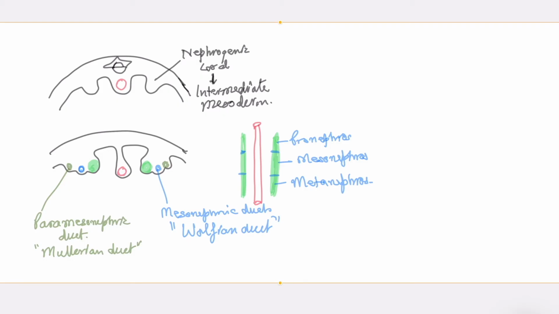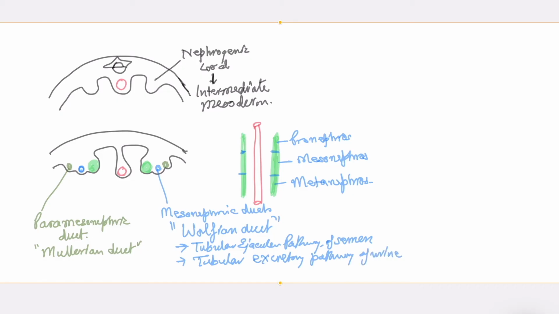As a general point, let me tell you that the mesonephric duct is going to develop into the tubular ejaculatory pathway of semen and the tubular excretory pathway of urine in both males and females. Because there's less space, I should summarize it here. Next time I'll teach you all of it in detail. So what will it derive into in males?